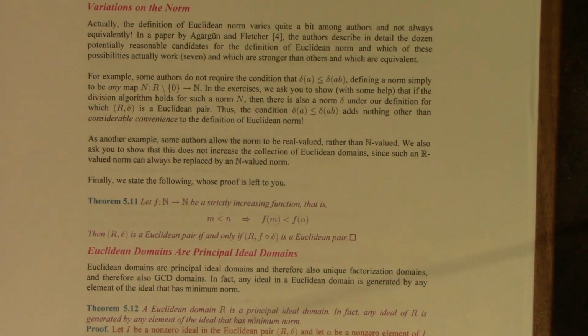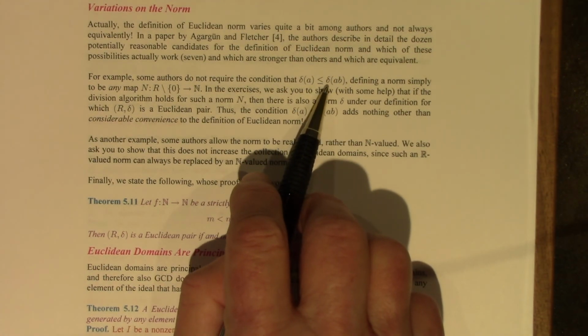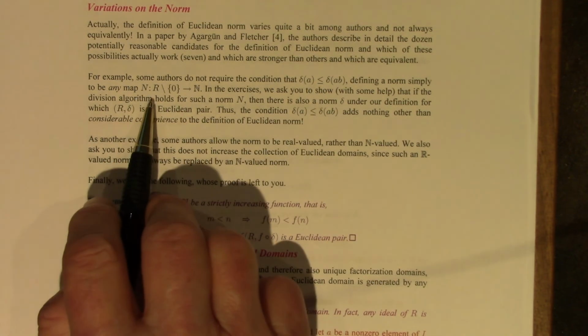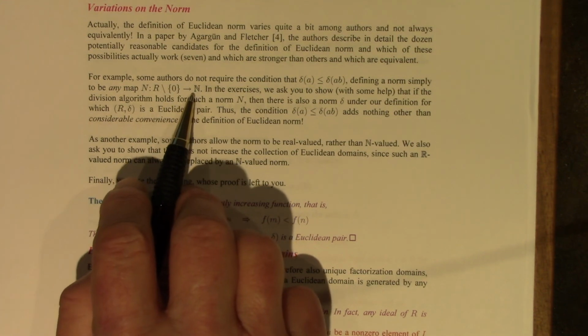Just to give you a couple of examples, some authors do not require this condition, defining a Euclidean norm simply as any map from the non-zero elements of the integral domain to the natural numbers.